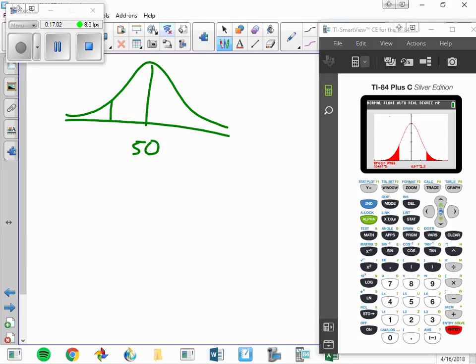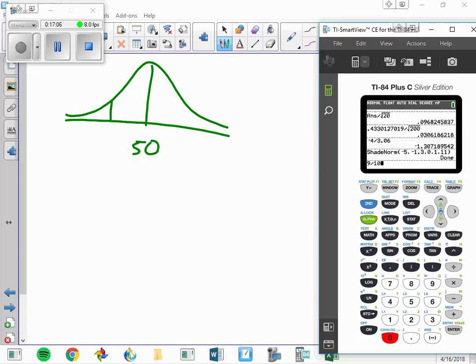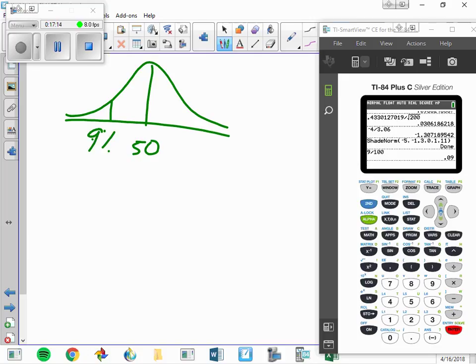And then 100, or 9 out of 100 is 9%. Do we even need to bother? Because the SD is going to be 0.5. Going to divide that 0.5 by square root of 100. So how likely is it?